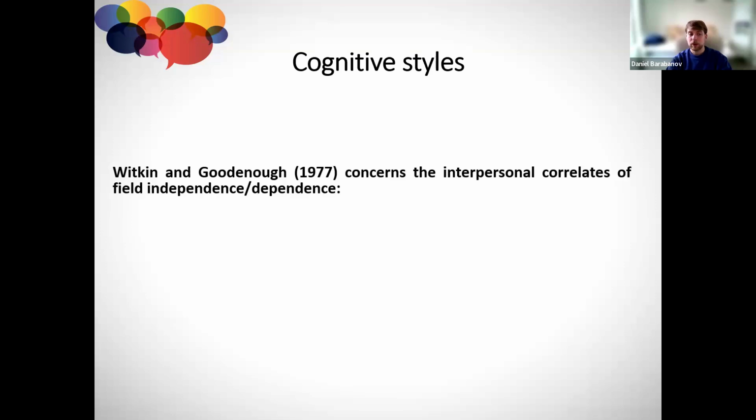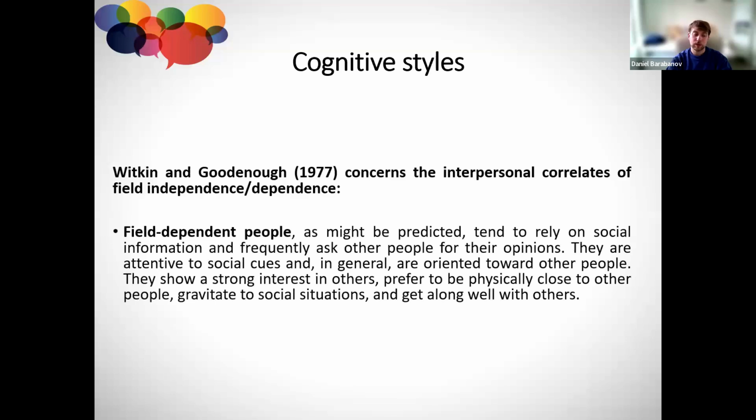Later, Witkin and his colleagues found that field dependence and independence as primary cognitive styles actually correlate with certain personality characteristics. For example, field-dependent people tend to rely on social information more and frequently ask other people for their opinions to get more environmental cues and context.